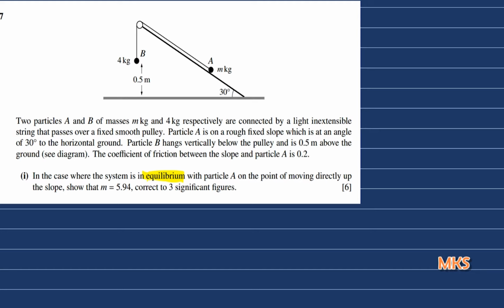So the first thing we do is resolve the forces. There will be mg Newton. The perpendicular component will be mg cos 30, and along the slope mg sin 30.